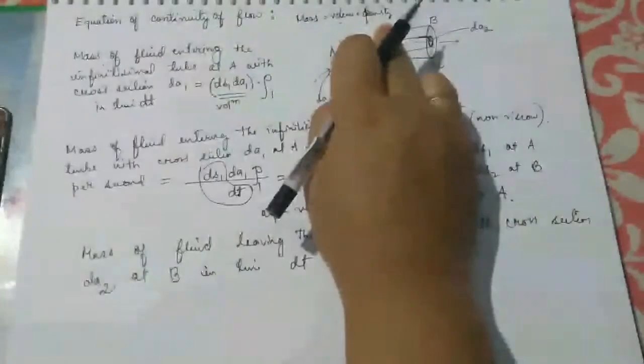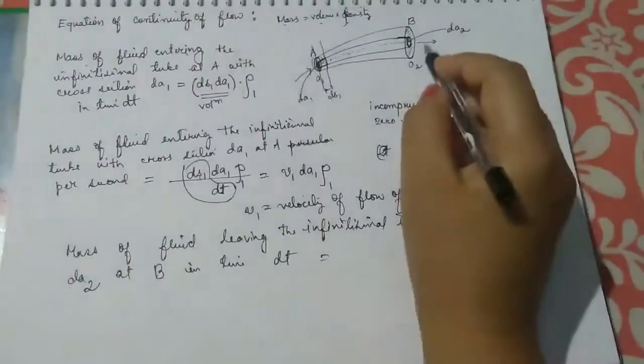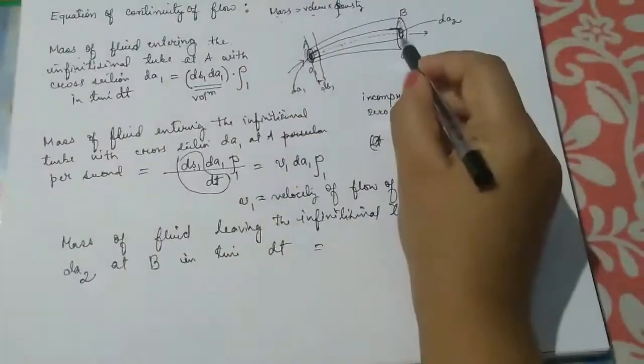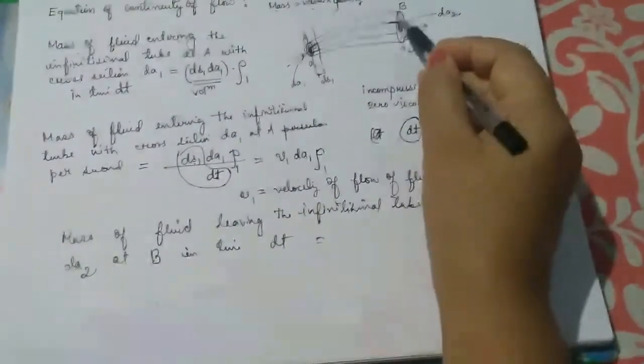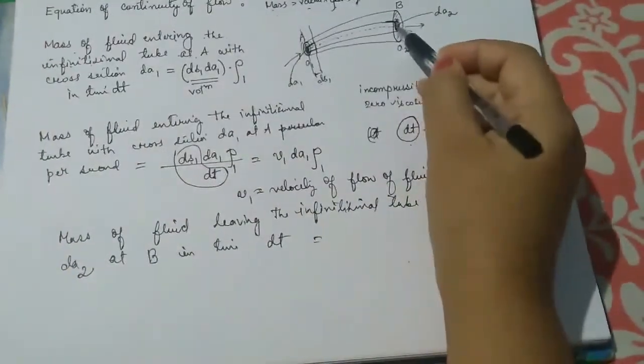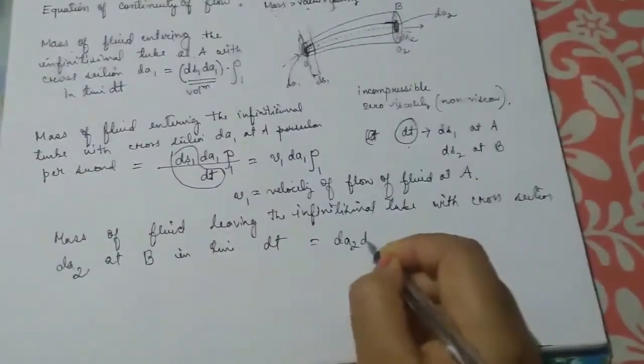Volume here again: in time dt the liquid travels a distance of ds2, and the area of cross section is dA2, so the volume is dA2 into ds2.